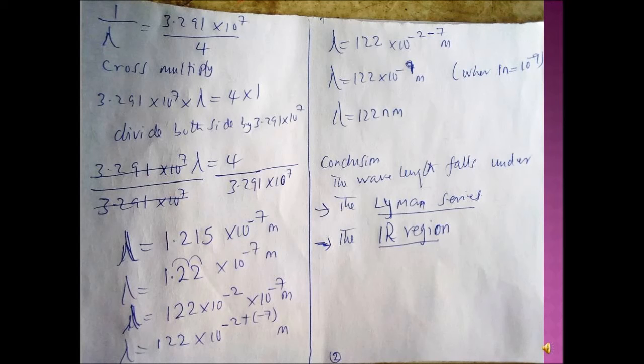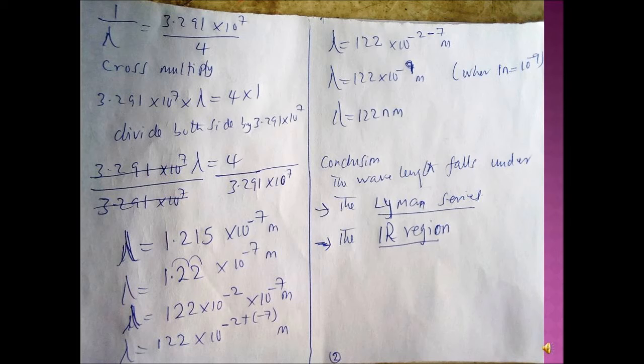This is something that can easily be done using a calculator. I've told you some time ago that when you are making this kind of division, for example, 4 divided by 3.291 times 10 raised to the power 7, don't go and punch 4 divided by 3.291 times 10 raised to the power 7. If you do that, you end up with a very wrong answer. What you need to do is say 4 divided by 3.291 divided by 10 raised to the power 7.